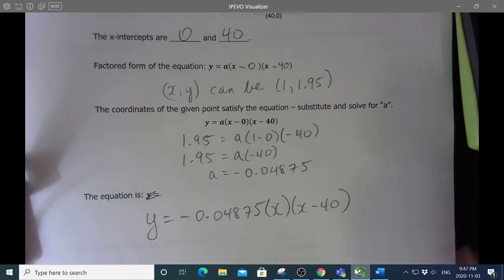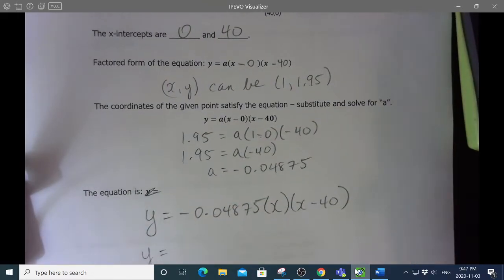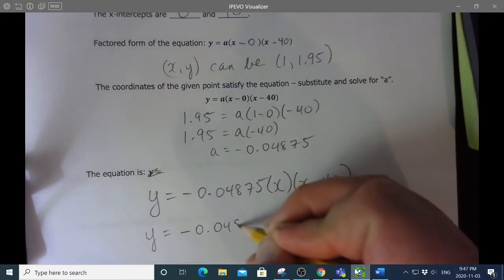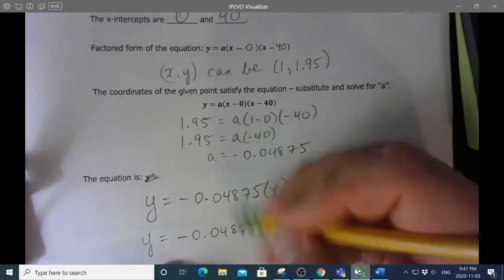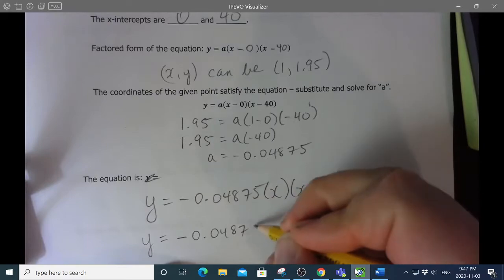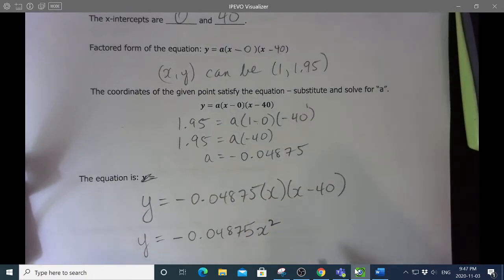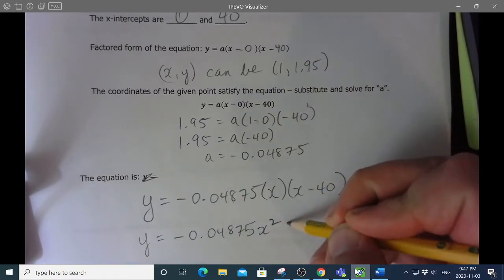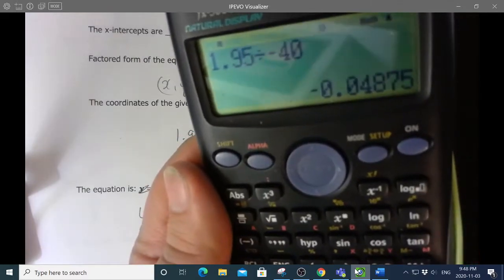If I wanted this not in factored form, I would have to multiply this out a bit. So that would be negative 0.04875. I said 5, and I wrote some sort of bizarre symbol that's not a 5. x squared, and then I'd have to times this times x times negative 40, which would be plus, well, let's just times that number by 40 and see what happens. Times 40.